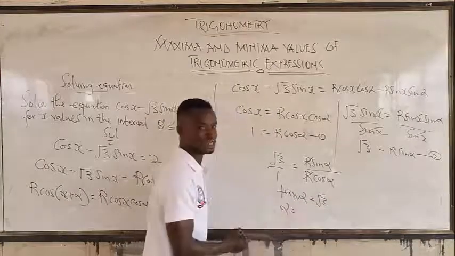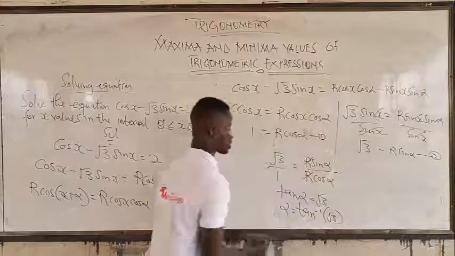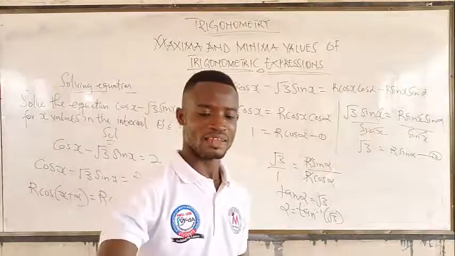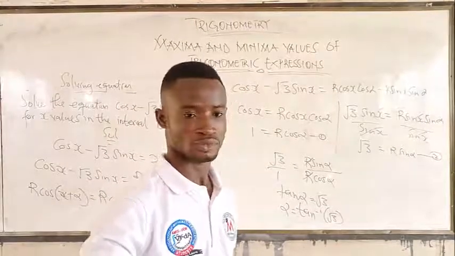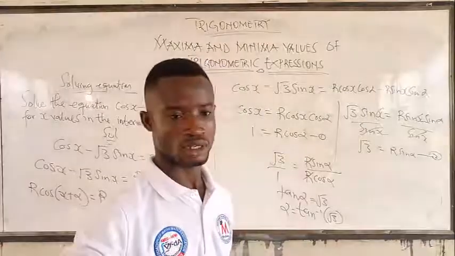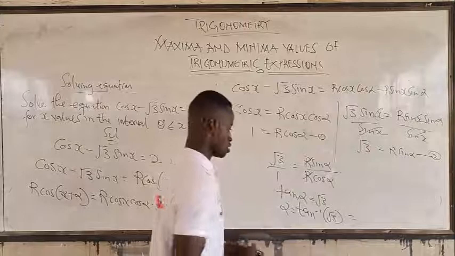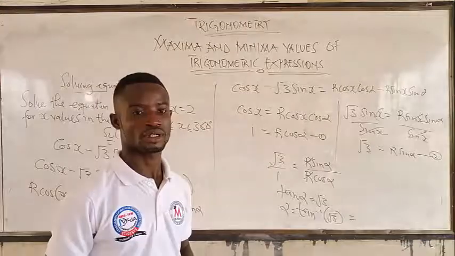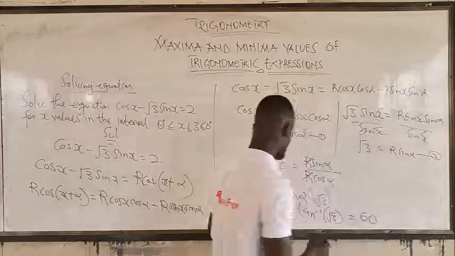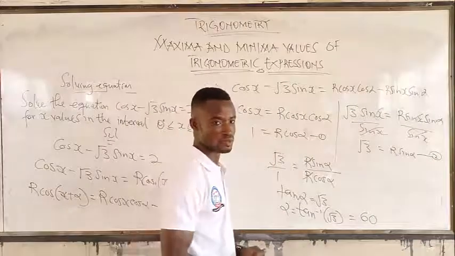Therefore, alpha will be equal to tan inverse of square root of 3, which is going to give you 60 degrees. Alright.